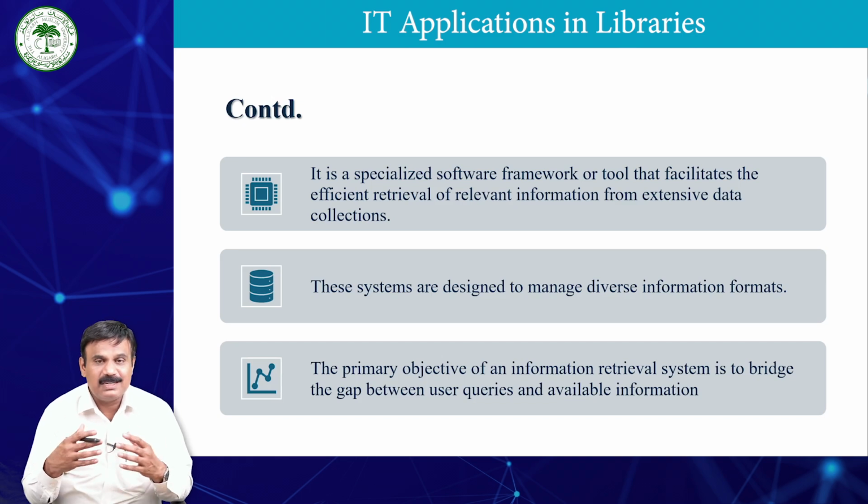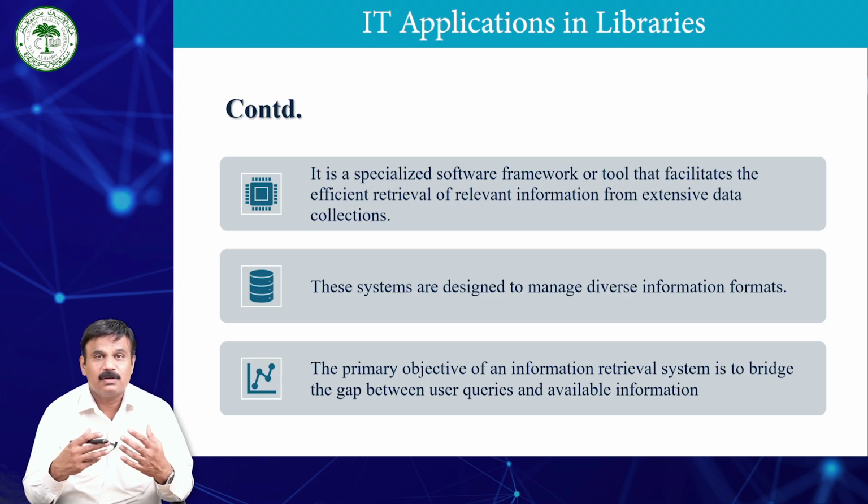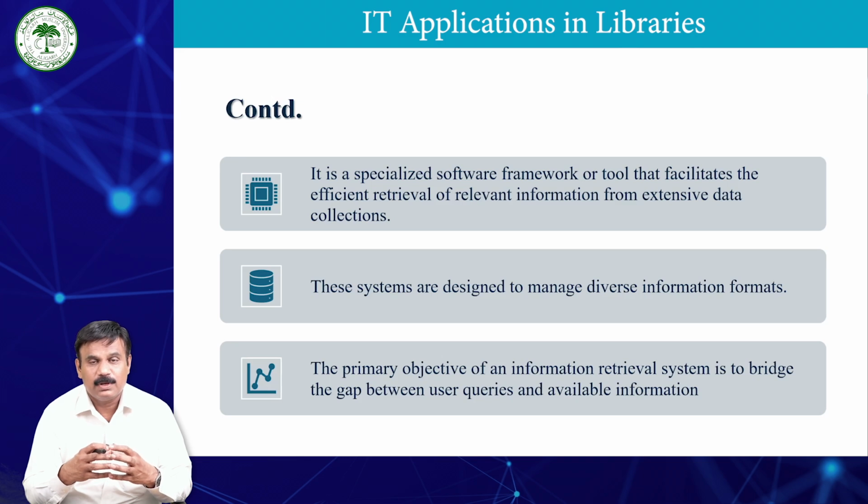And these systems are designed to manage diverse information formats like textual documents, multimedia files, or structured or unstructured databases. The primary objective of an information retrieval system is to bridge the gap between user queries and available information by identifying and presenting the most pertinent results.